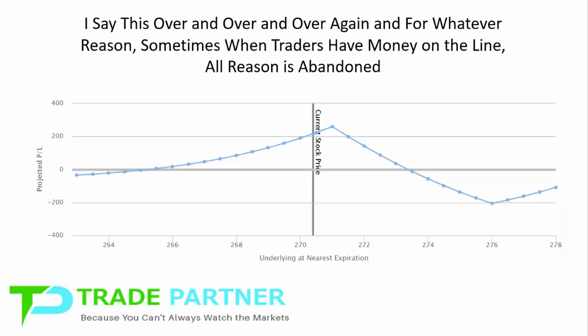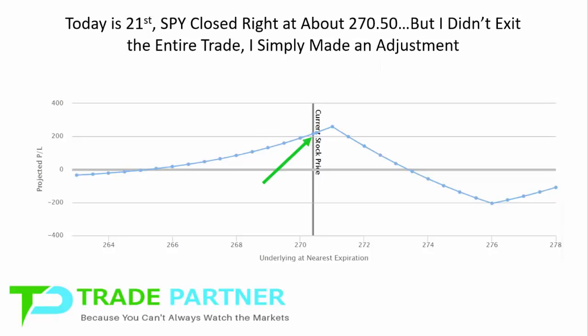And for whatever reason, sometimes when traders have money on the line, all logic and all reason is completely abandoned. And so I'm trying here, with this blog, to help traders focus on what they need to focus on and not be so micro focused on the next trade or the last trade or whatever. You have to focus on the probabilities and make the proper commitment.